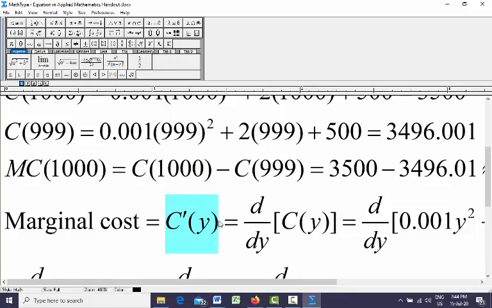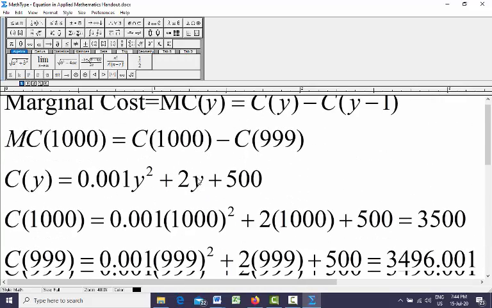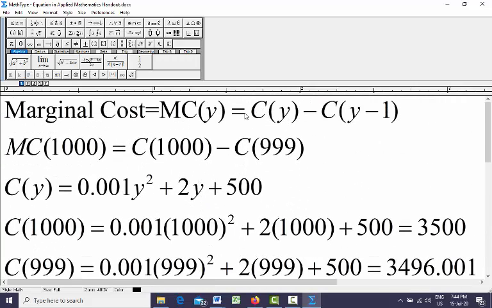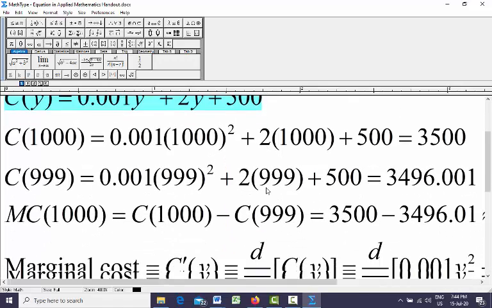This is the total cost function. If you differentiate the total cost function, you will get the marginal cost function.